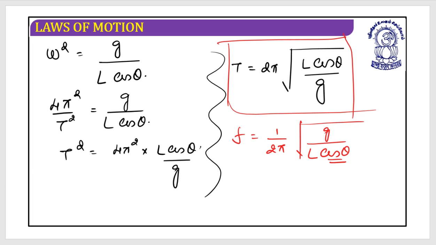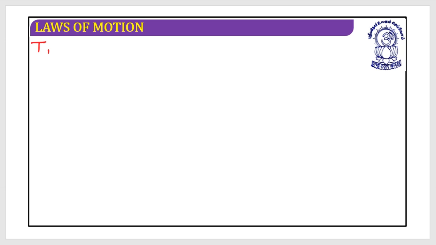Are you sure? Yes. So while I discuss this, I do understand that the time period of this pendulum, t equals 2 pi root of L cos theta by g.